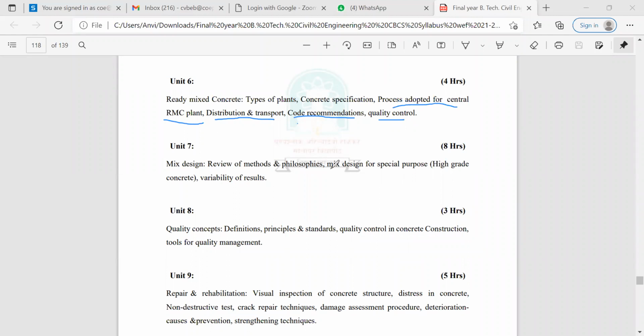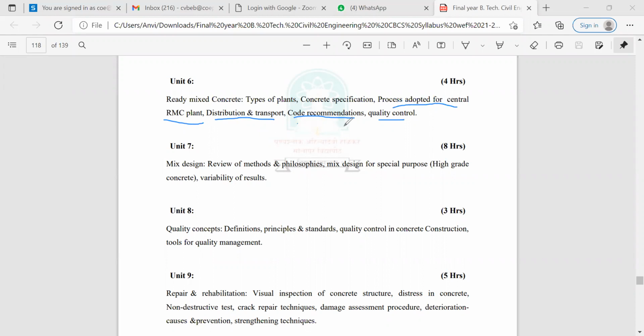Maybe you have seen these concrete mixers which are transporting the concrete to the site. The capacity of the mixer is 6 meter cube. It means at a time 6 meter cube concrete will be transported to the site as per the requirement. So this is the distribution and transport.